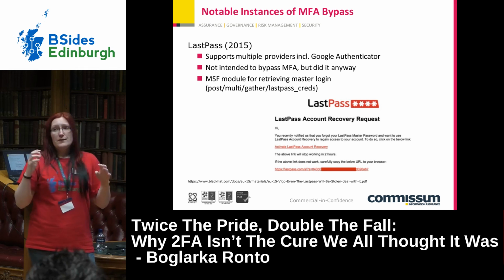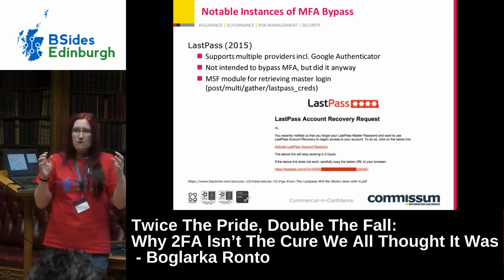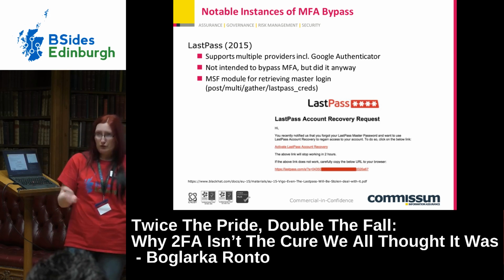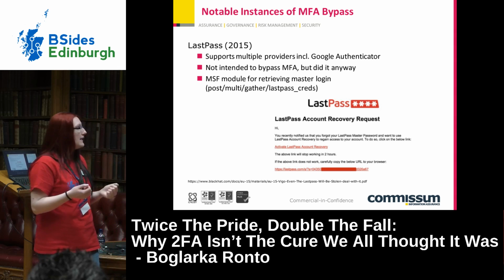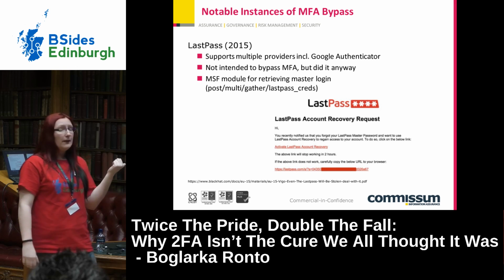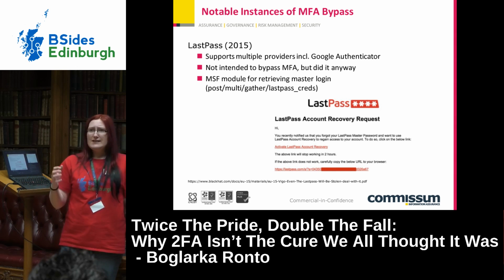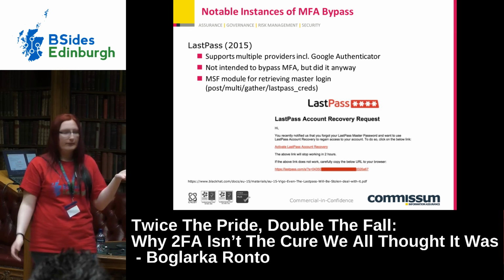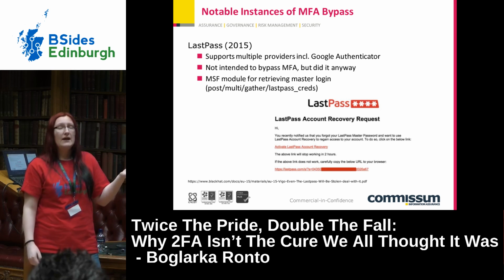So what they did was, they were looking at ways of accessing that encrypted vault along with the master password, so that they could look at the contents. And they found that there's this account recovery mechanism that is not entirely in line with what you would normally assume best practice.